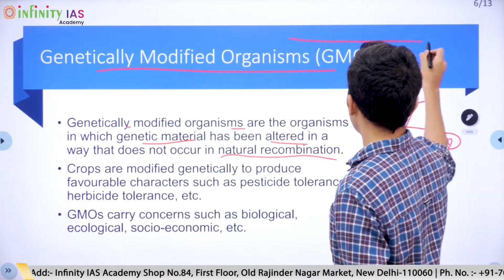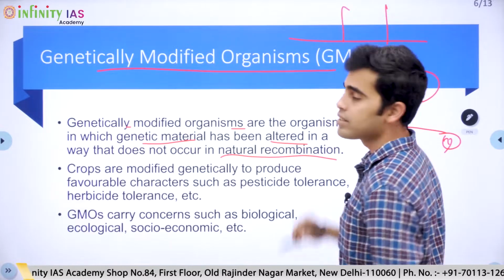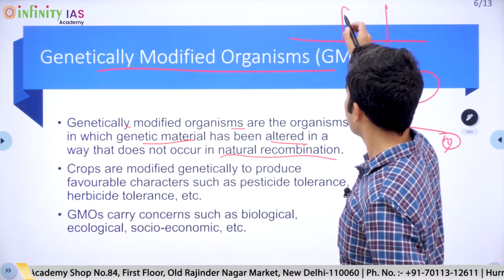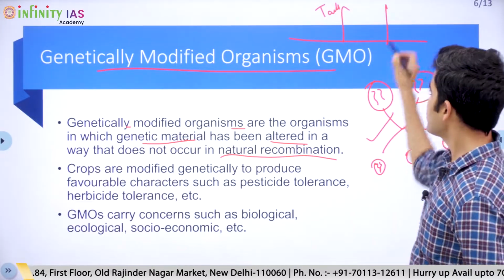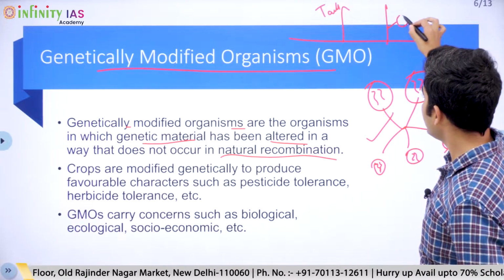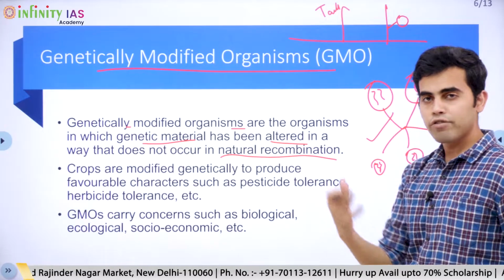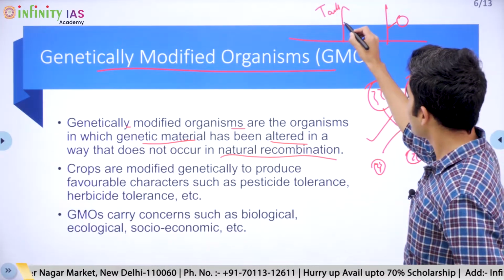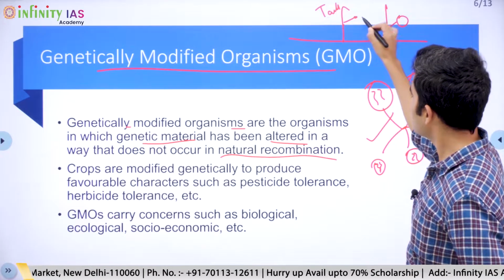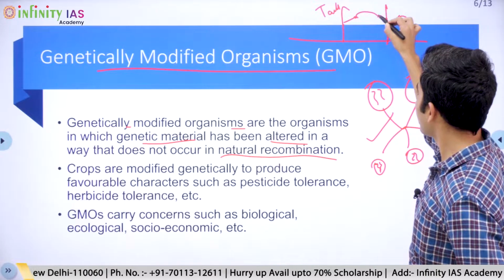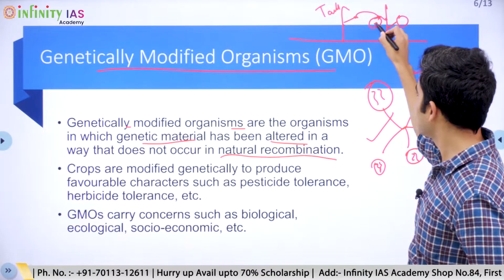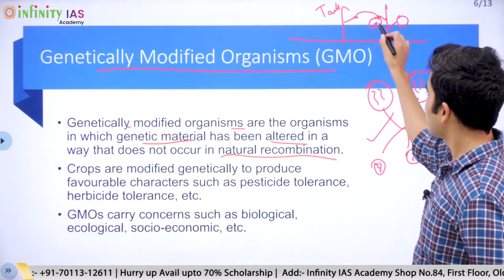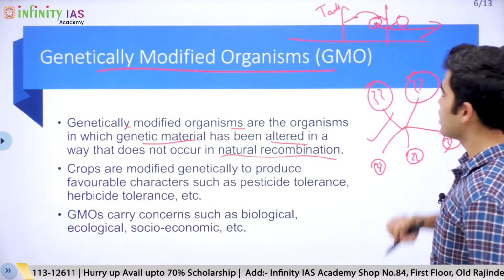For example, we have two plants here. This plant is tall, and this plant has a sweeter fruit. When the pollen grain from this plant gets onto the flower of the other plant and produces a seed, the seed is a result of natural recombination.